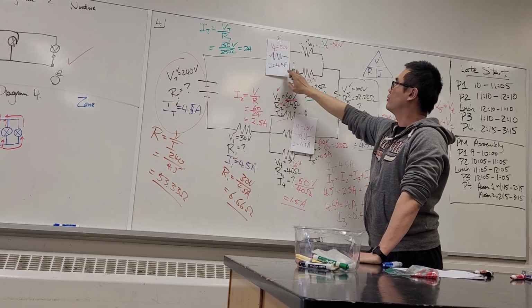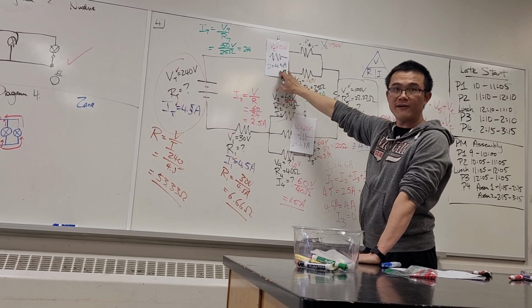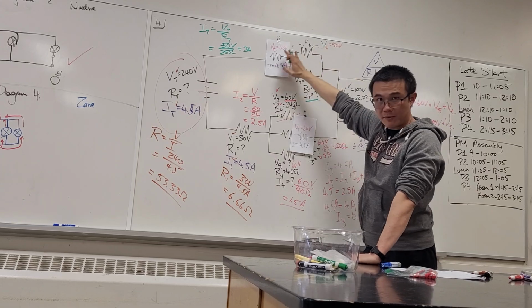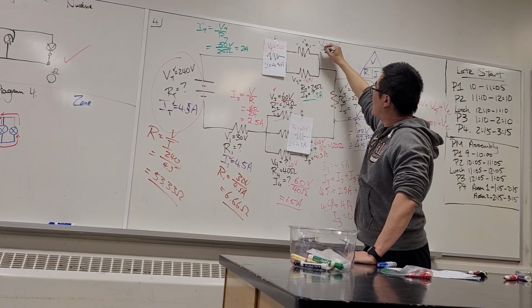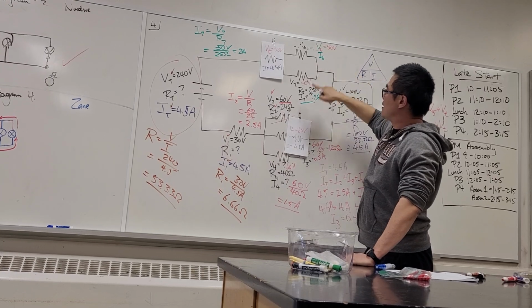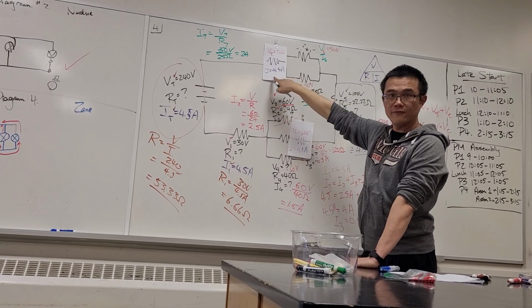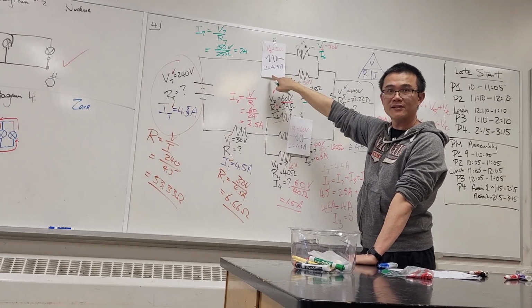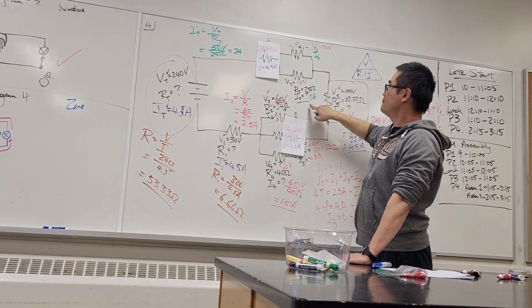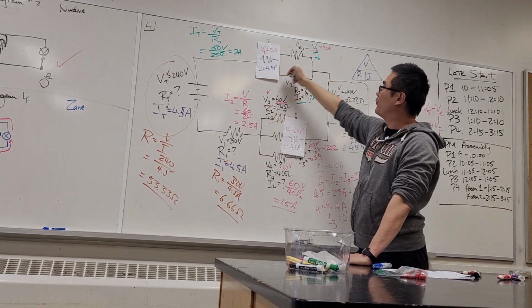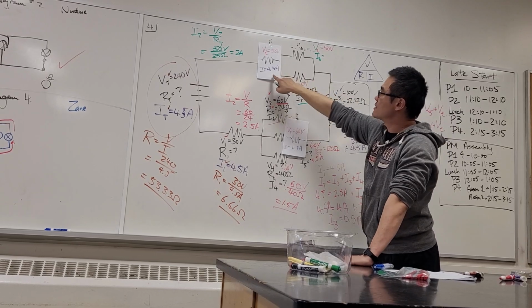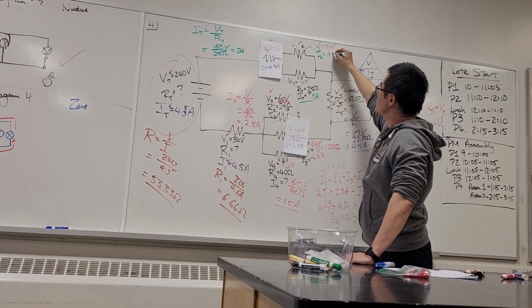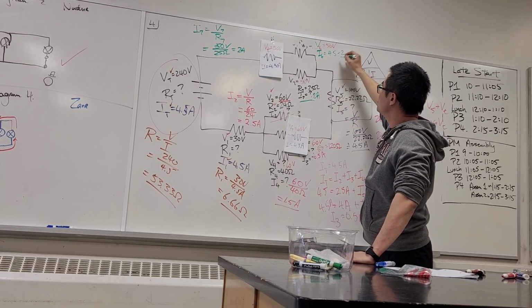I have the total current of 4.5. And since this part is a parallel circuit, I6 plus I7 will give you 4.5. Okay? I6 plus I7 gives you 4.5. So in this case, this is 2, this is 4.5, so I6 is really just 4.5 minus 2.